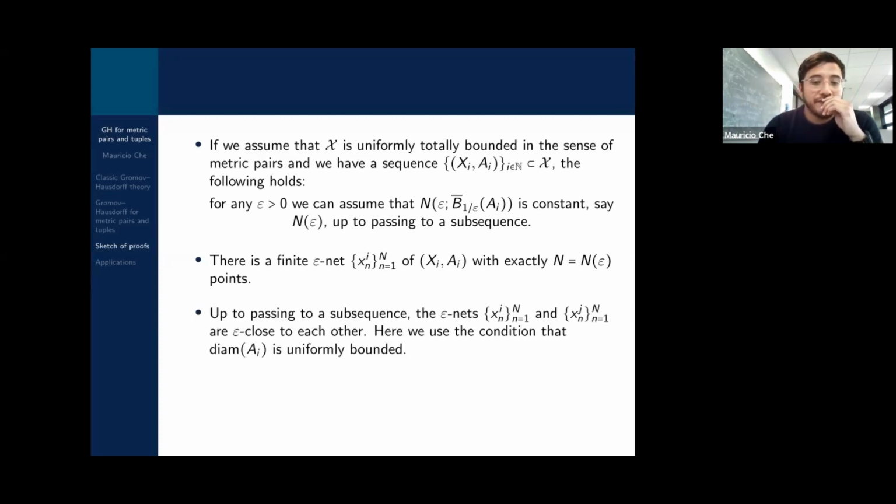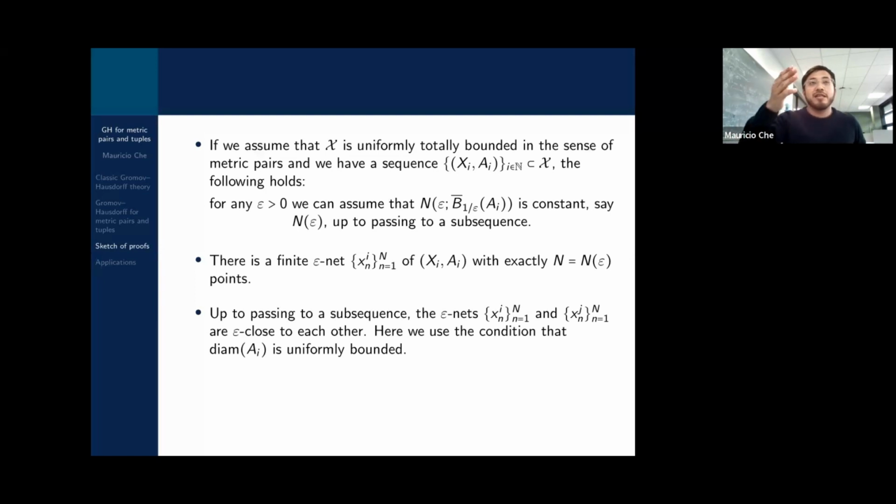And then again, we have epsilon nets for each one of these balls. And here we use the fact that all these subsets A_i have bounded diameter, because since these A_i have bounded diameter, the balls of radius 1/epsilon around A_i also have bounded diameter.